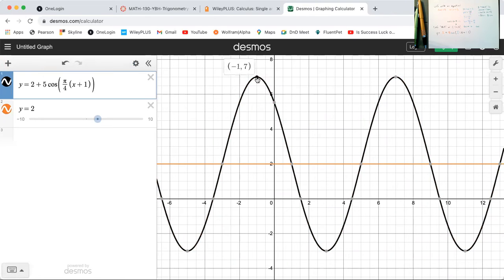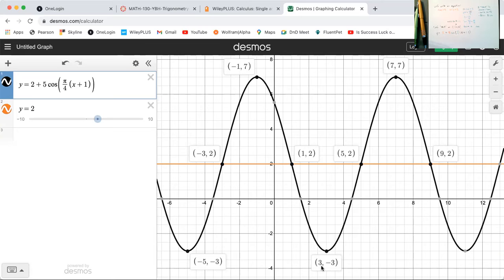So here's our top. These are the 2 points we were given, -1, 7 and 3, -3. From there, we were able to figure out all these middle points were at 2. All the top points were at 7, and the bottom points were at -3. We were also able to calculate the period, since from -1 to 3, that's the top to the bottom horizontally, that's a difference of 4.